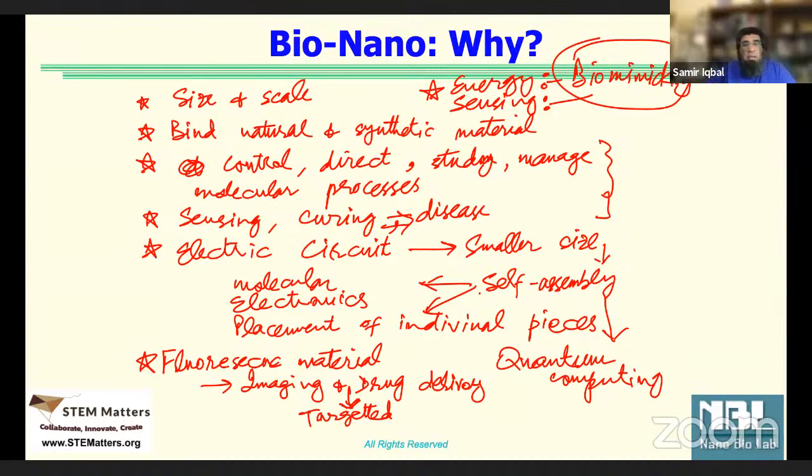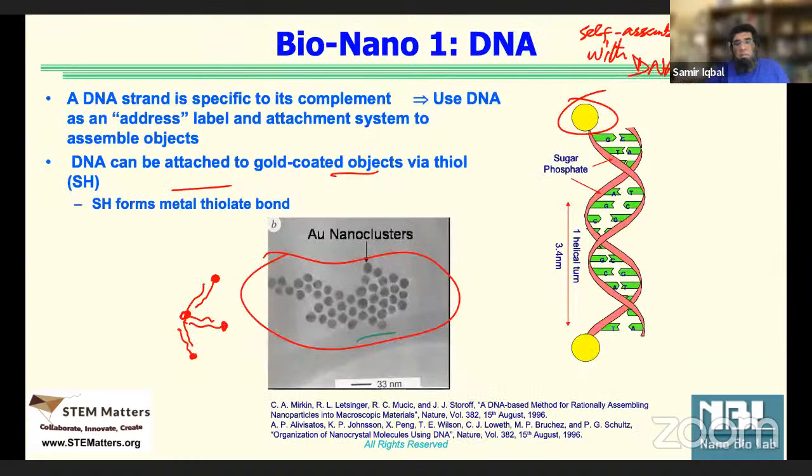And new materials, like fluorescent materials, can give us the capability to detect and identify changes. So there are many reasons why this field is important and flourishing, and various technologies and techniques are coming up. We have seen some examples already, like Bio-Nano, where DNA and gold nanoparticles are mixed to do self-assembly.